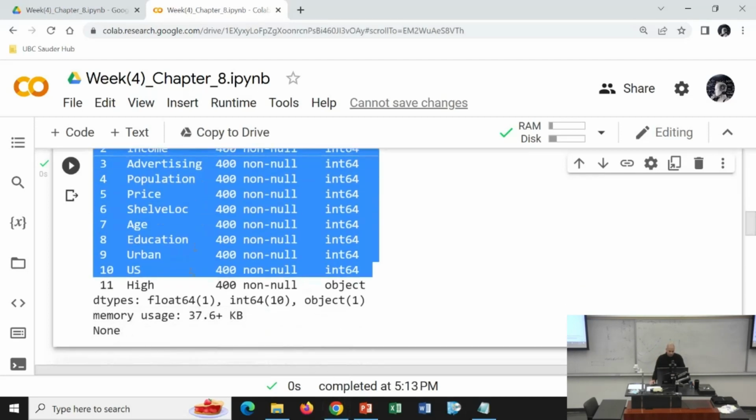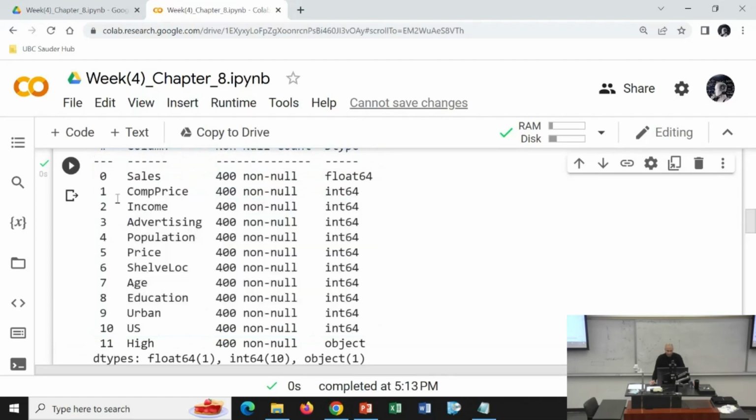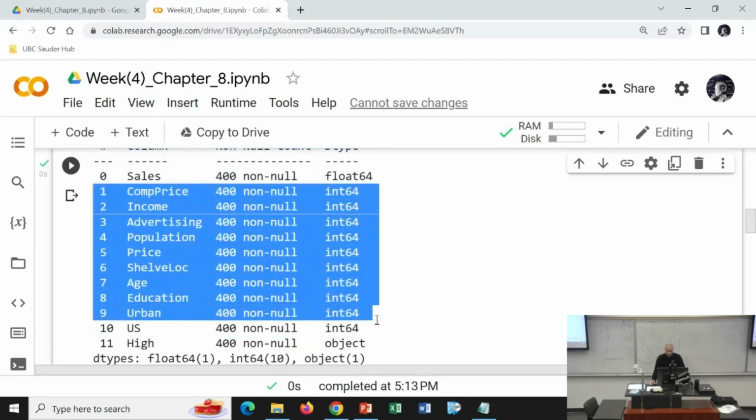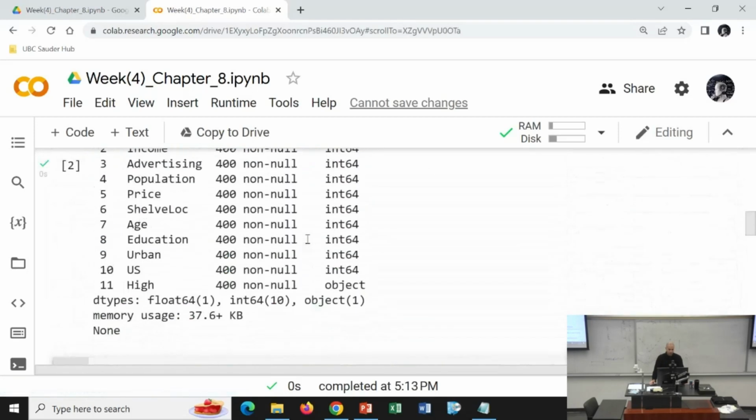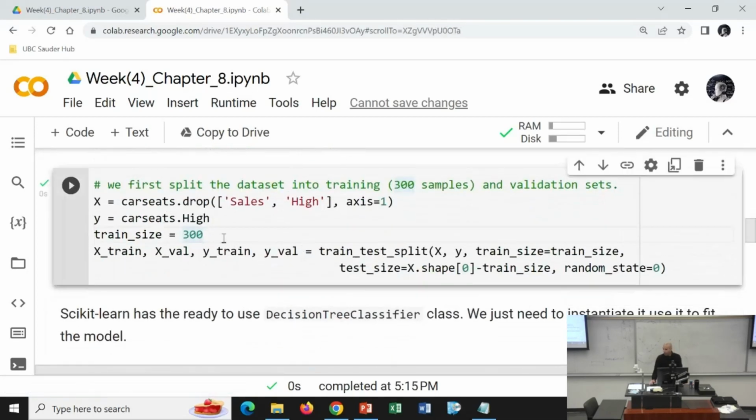Then we're going to fit a decision tree classifier that looks at these features and creates a flowchart that, by asking a couple of questions, predicts whether sales would be high for a branch or not. There are 400 data points.